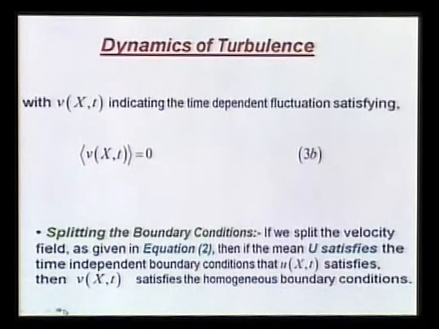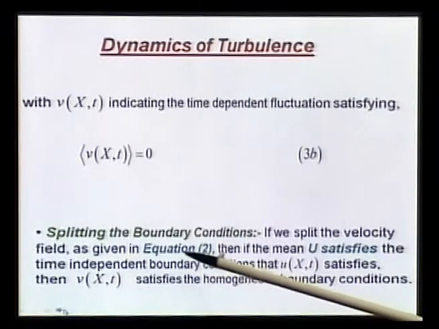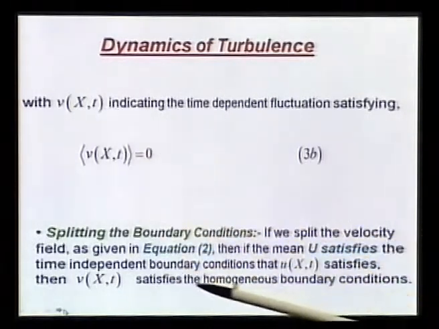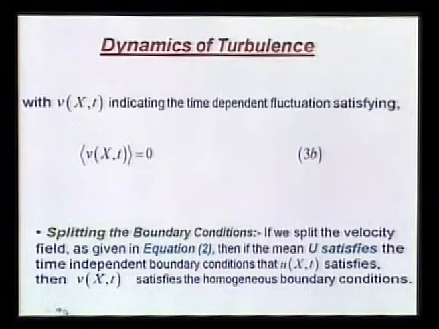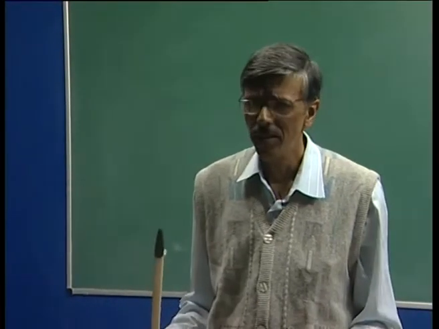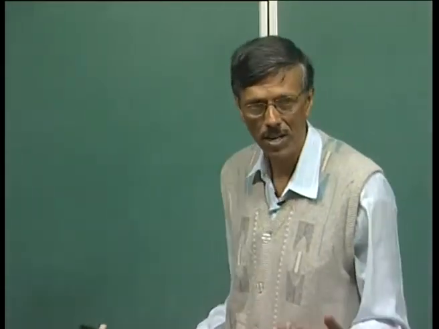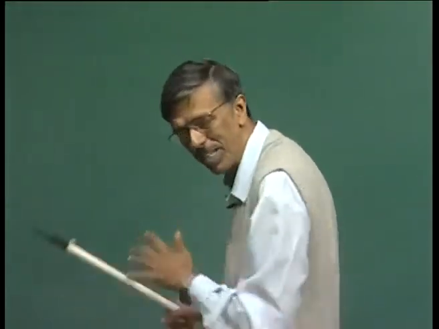Now, let us look at the corresponding boundary conditions. How do we apply those boundary conditions for the velocity field? Now, we have split the velocity field in terms of a time averaged part and a truly random part. Then suppose this turbulent flow is generated by a flow condition where your boundaries are not articulated. Okay. So, the boundary motion is precluded.